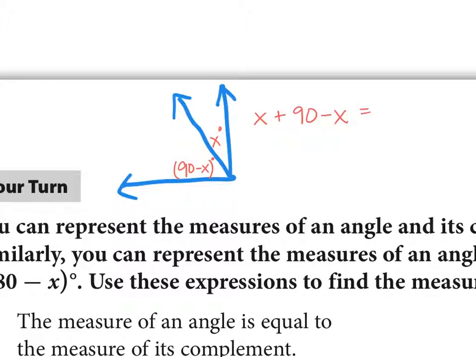That's going to equal 90 degrees because x and minus x goes away. Okay, so that's going to help us in solving some of these problems algebraically. Supplementary angles obviously will work the same way. You just replace 90 with 180, and it's the same thing. Okay, so let's look at our your turn after I erase all this stuff here.